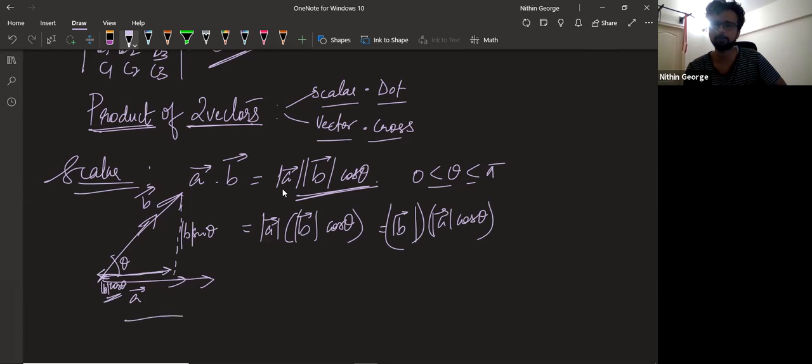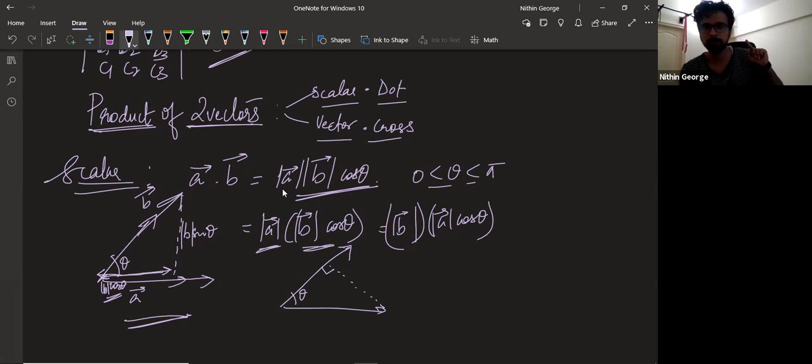This you're multiplying with the magnitude of A. So take these same vectors again, with the same angle theta. From A, I'll draw a projection to B. So when I say A into B cos theta, I mean magnitude of A into magnitude of projection of B on A. If I do it the other way, it's magnitude of B into magnitude of projection of A on B, which is mod A cos theta.